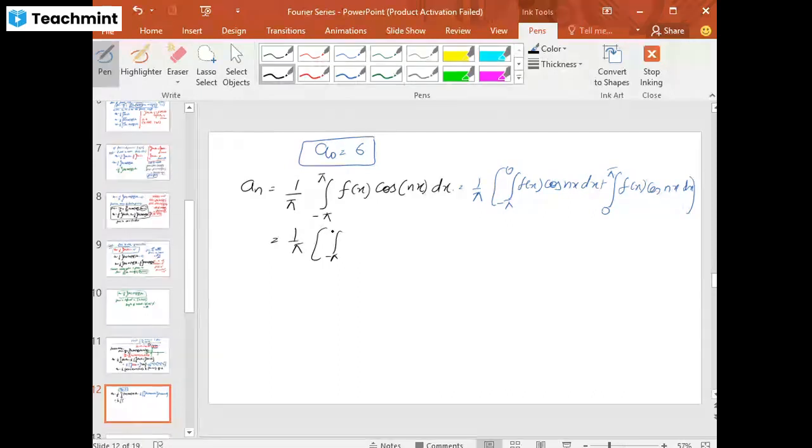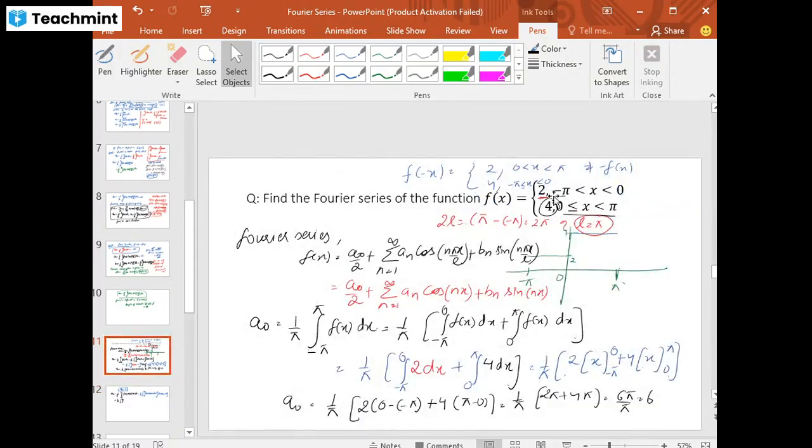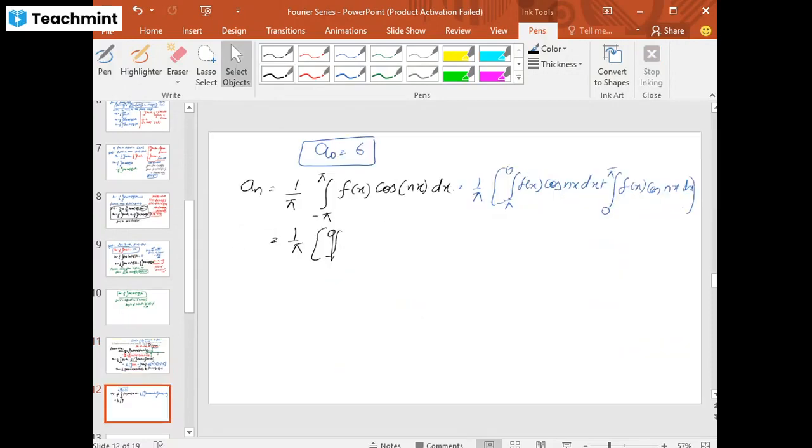The value of the function in the interval minus pi to 0 is 2, so it is 2 times cos of nx dx, and in the interval 0 to pi the value of the function is 4, so it is 4 times cos of nx dx.